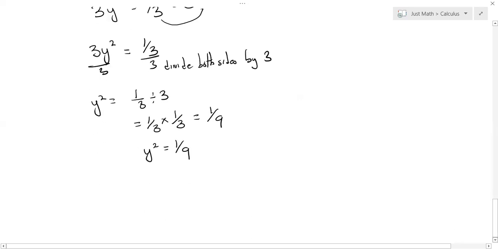And let's find the square root of both sides.